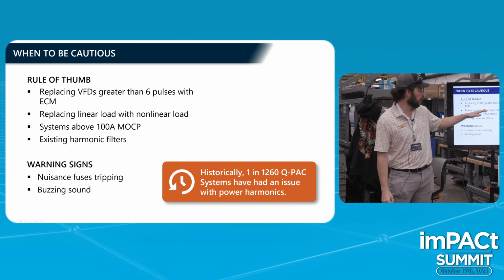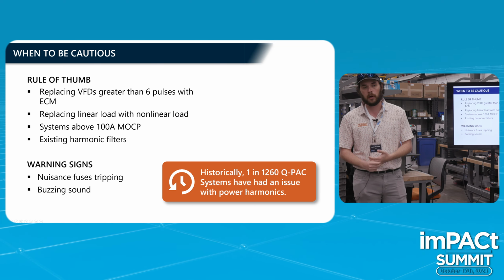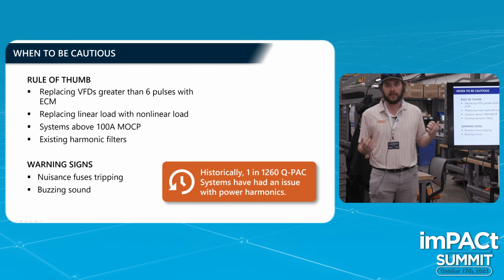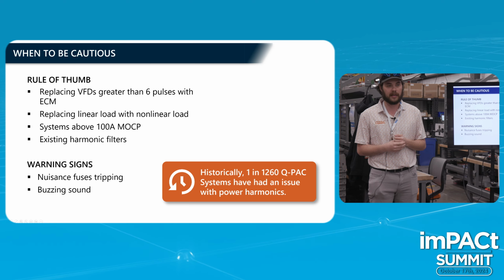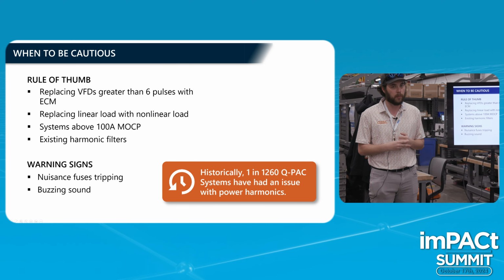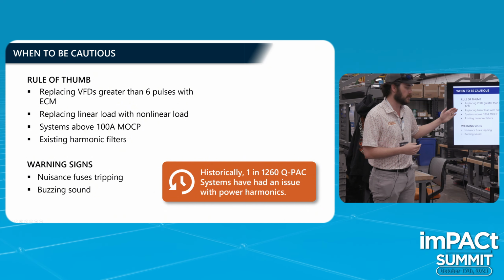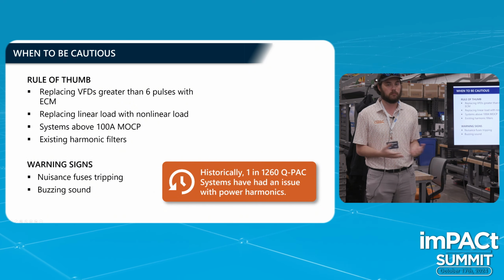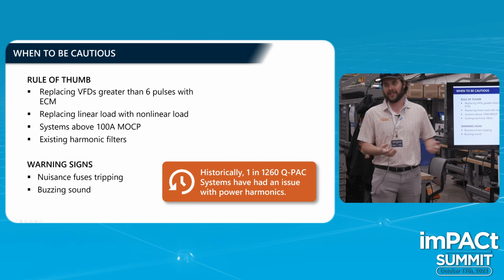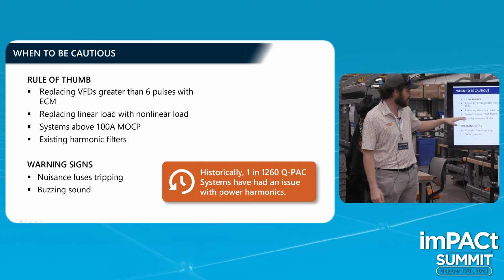Another obvious one is replacing a linear load with a nonlinear load. I don't see too many of those anymore. Pretty much every fan we're looking at now has a VFD already, but there still are some out there without VFDs, and in that case, harmonics are going to be more than 0. And then systems above 100 amps.